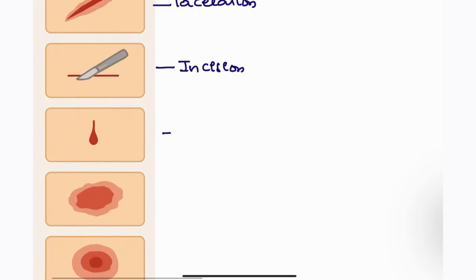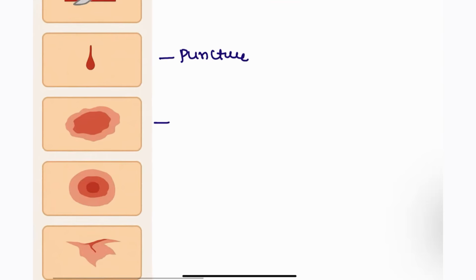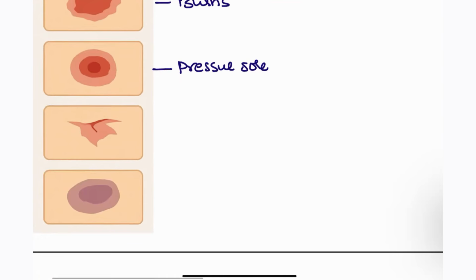This one is a puncture wound. This is a second degree burn, and here these are pressure sores. This is a tear, and this one is known as a contusion.